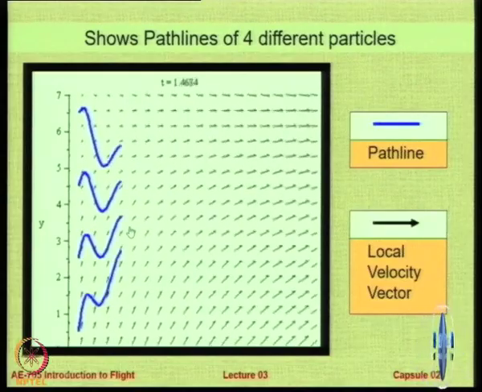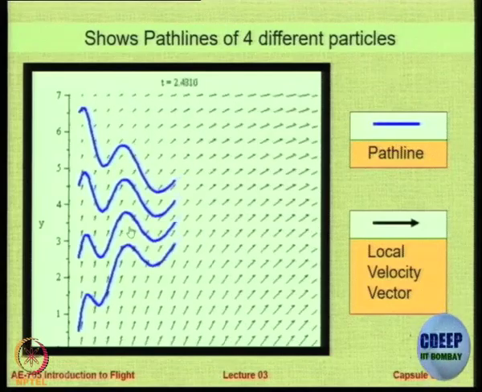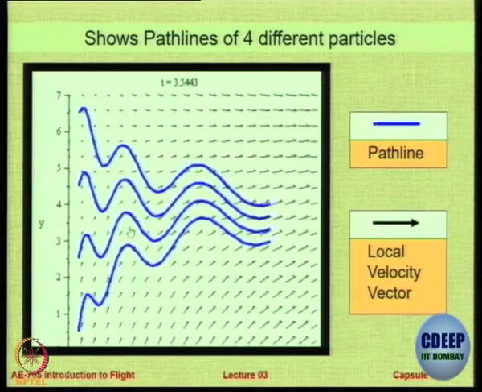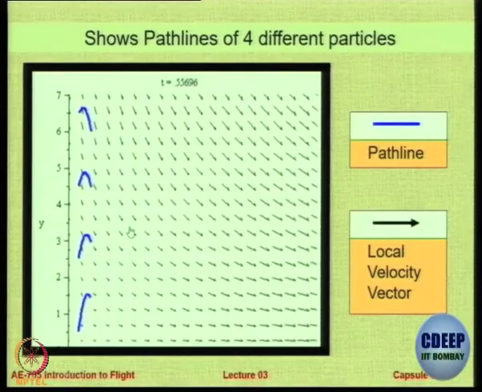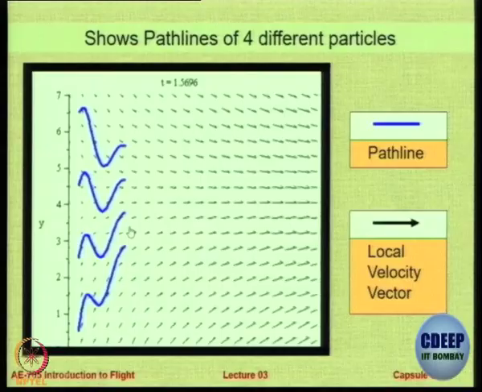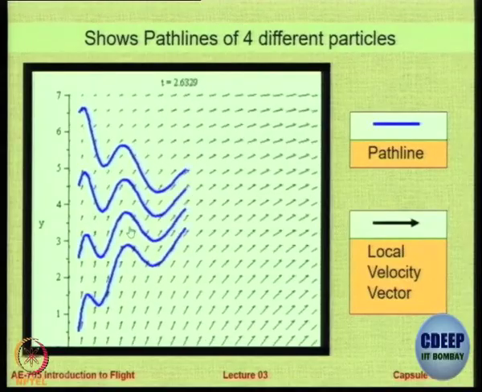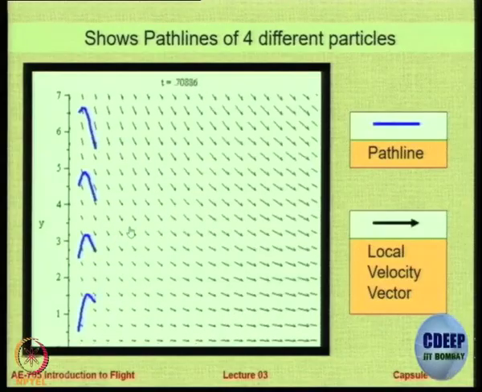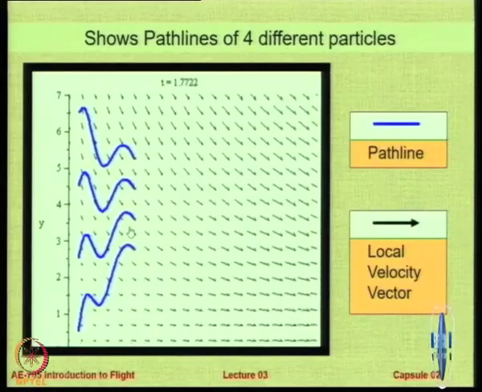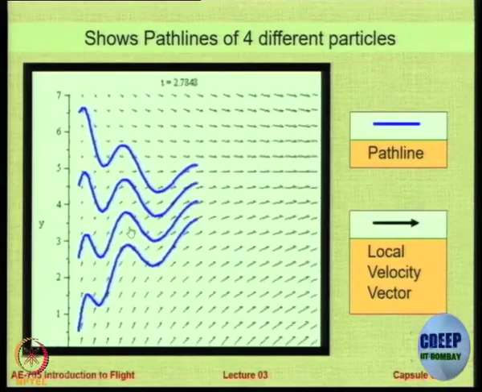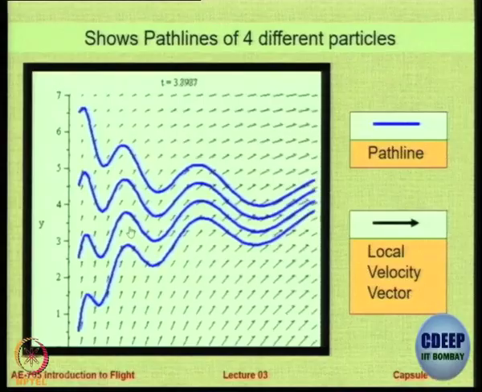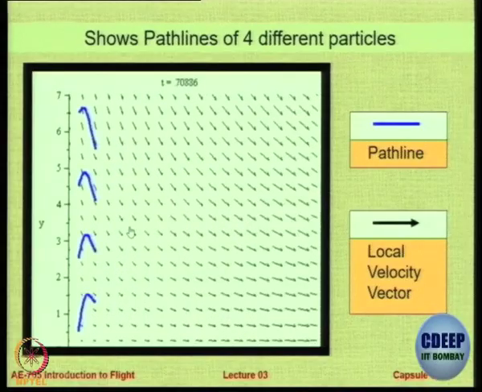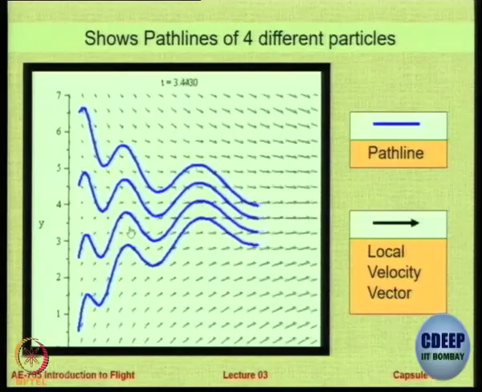A simulation was run by one of our students, the one who made this presentation. He captured the value of the path lines and the streamlines at various time intervals. As you can see, there are four particles starting from four different locations and in this case they don't intersect, that's fine, but it need not be.